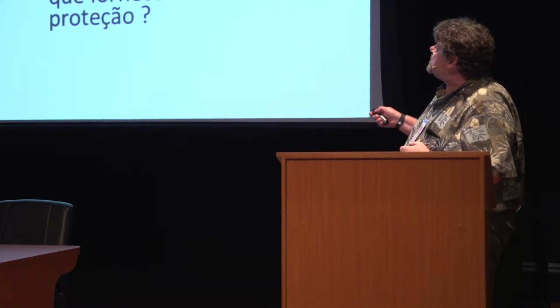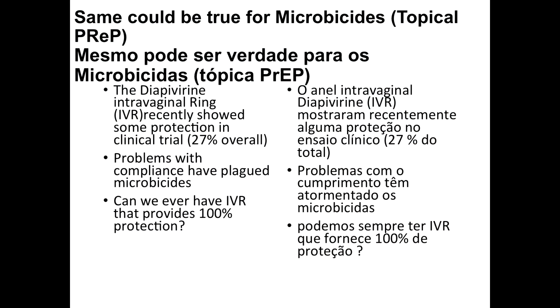So the same could be true for microbicides, which is essentially no longer a cool word. It was for many years, so now we call it topical PrEP. And topical PrEP was kind of riding off into the sunset, and then recently there was the dapivirine intravaginal ring.